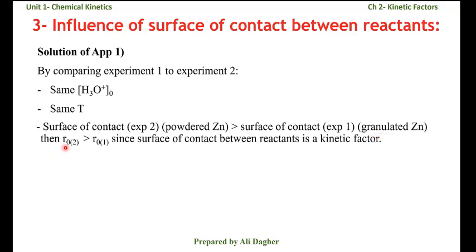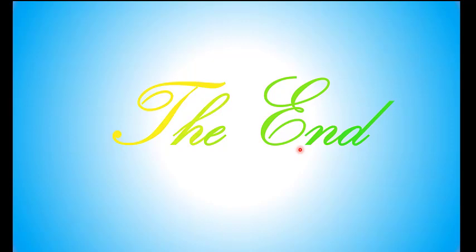Then the initial rate in experiment 2 is bigger than the initial rate of experiment 1, since the surface of contact between reactants is a kinetic factor. This is the end of part 3 of chapter 2, kinetic factors, the effect of variation in surface area of contact between reactants.